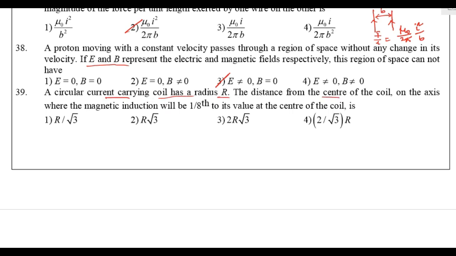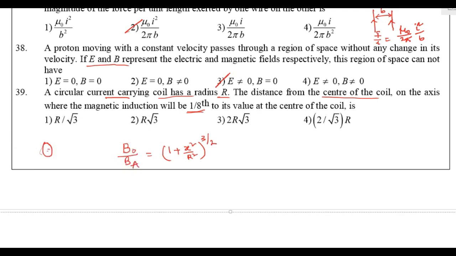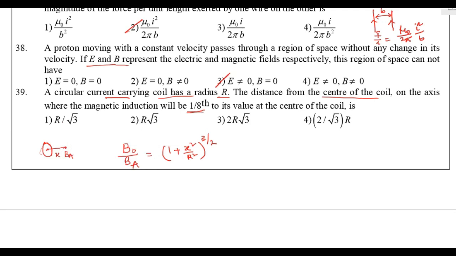The distance from the center of the coil on the axis at which the magnetic induction is 1 by 8 of its value at the center of the coil is... Now B naught by B is equal to 1 plus x square by r square whole power 3 by 2, where B naught is the magnetic field due to the coil at the center, and on the axis at a distance x the field is B, at the center it is B naught.